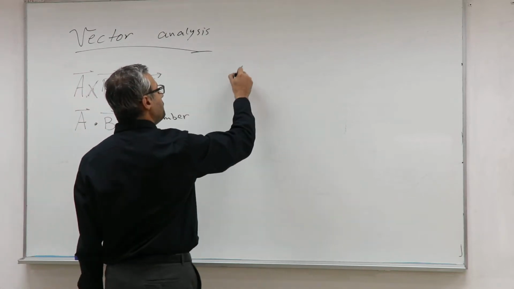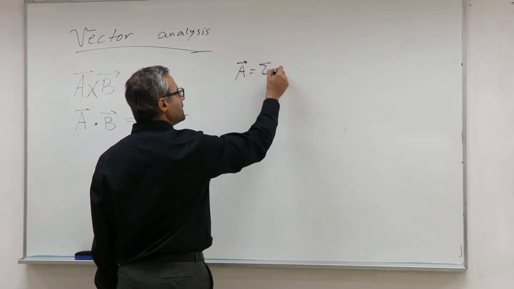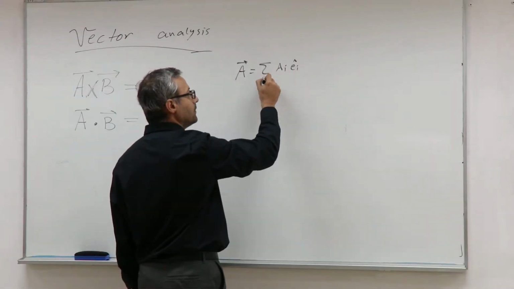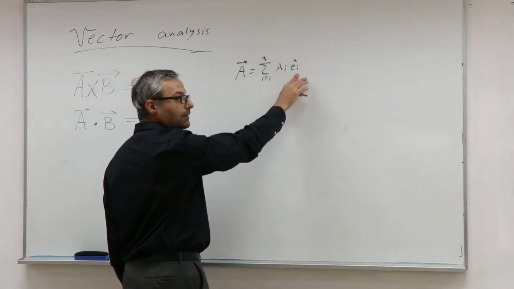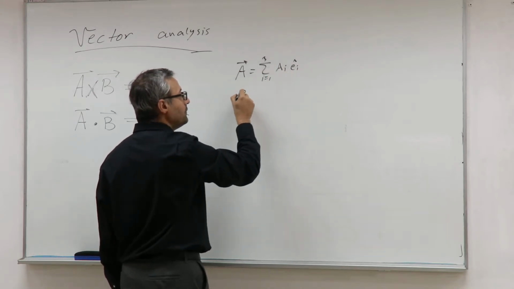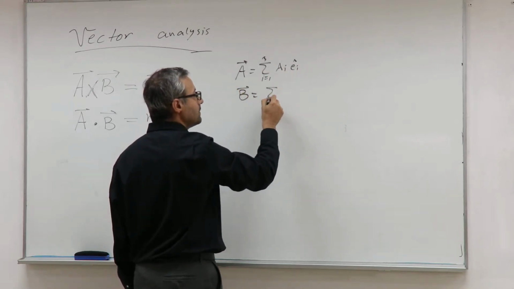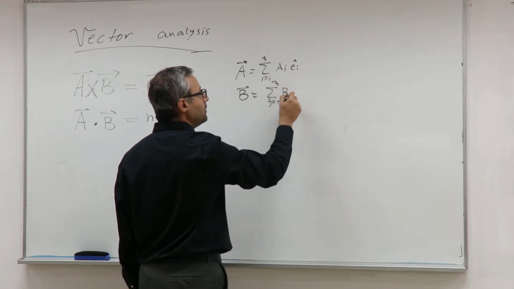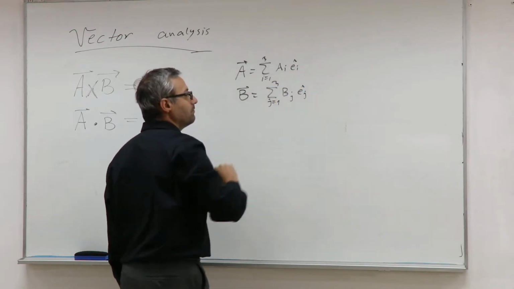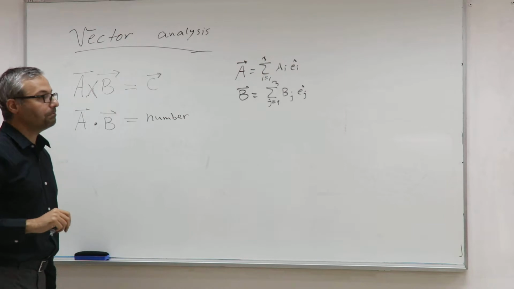So if you have an A, and A is A_i e_i. You remember the e_i was the unit vector and that was the component. And if you have a B, B is B_j e_j or B_i e_i, no problem.